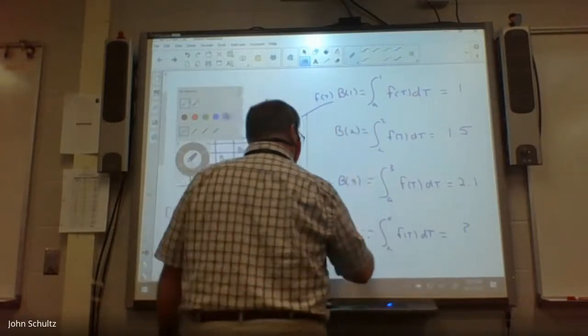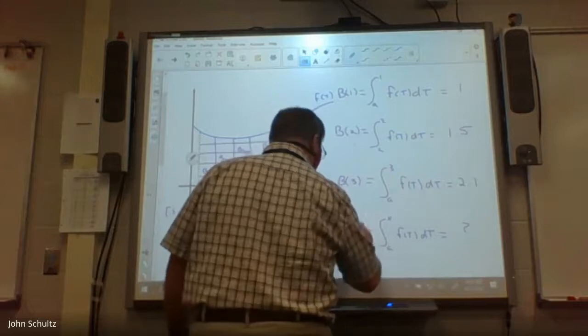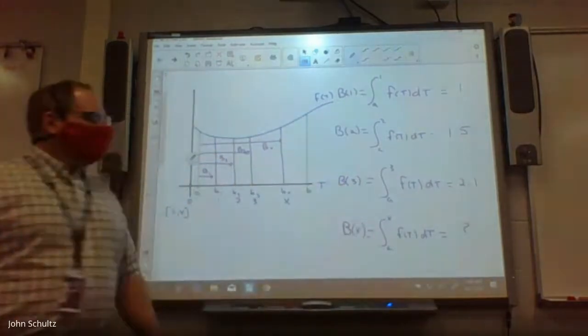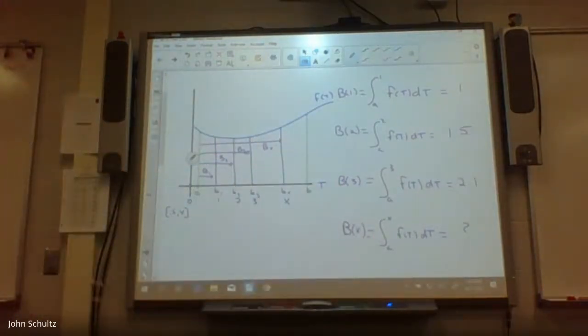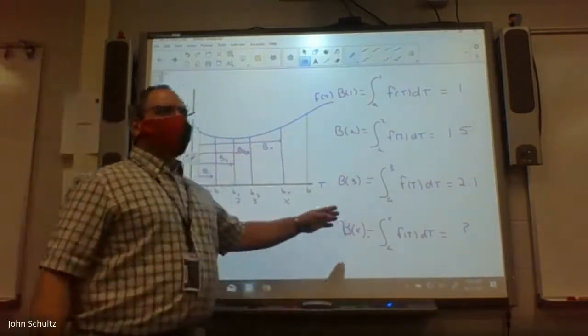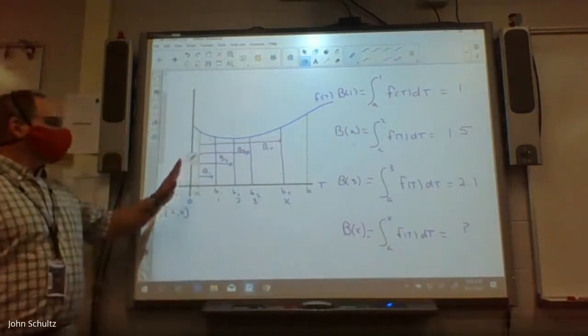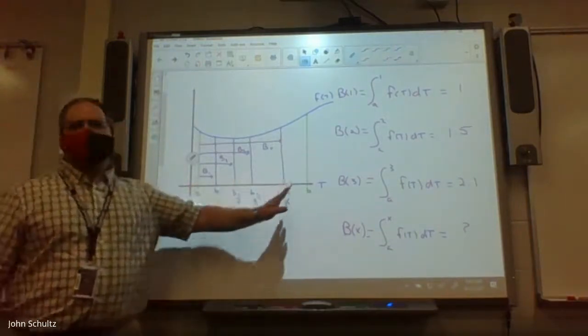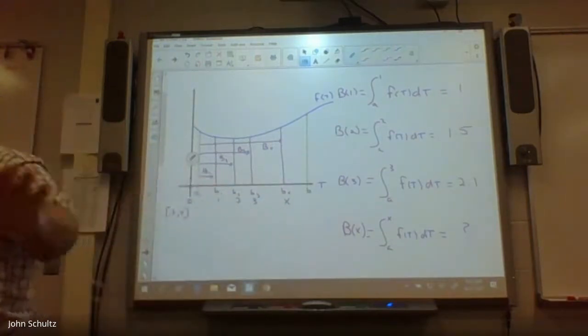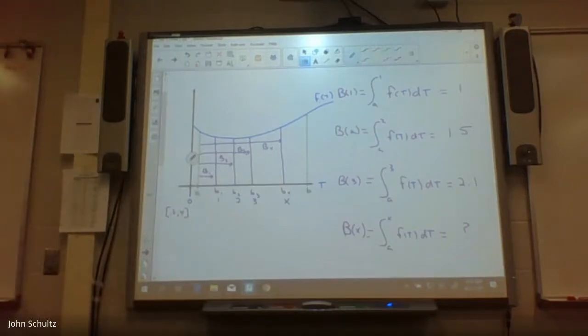And then this would be big B of x. And what is this function B doing? It's giving me the area under the curve from some starting point to wherever x is. So function B is keeping track of those areas, yes?